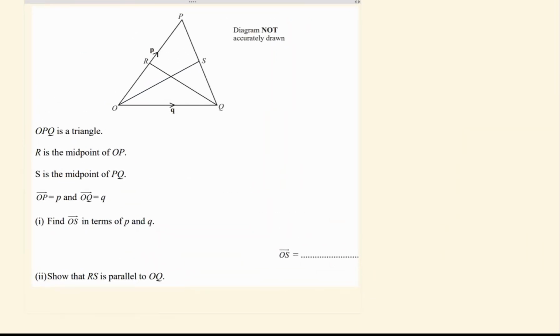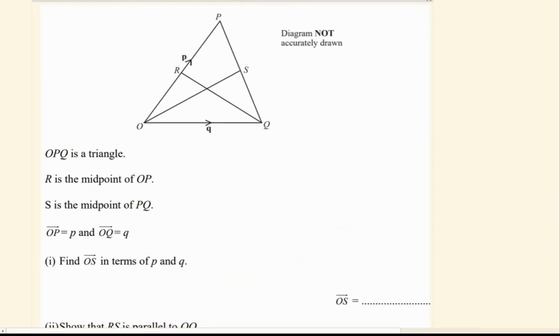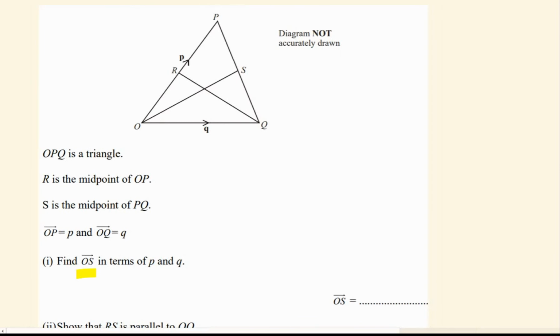Another question showing that same idea. Again, we're going to have a fairly nice normal part A. Just find the vector O to S. So let's do that now. O to S, I'm going to want to take this route here, I think. Problem is, I don't yet know what Q to P is. So let's work out Q to P. I need to go this way then this way. So that's going to be minus q plus p.